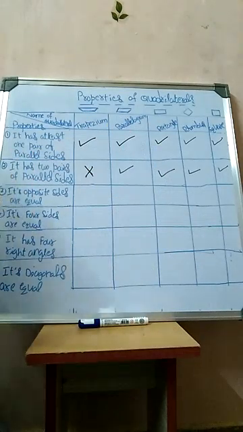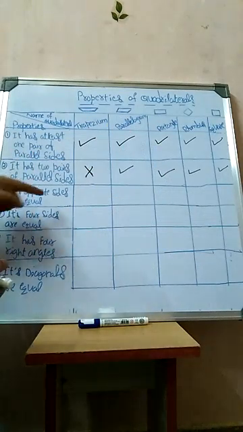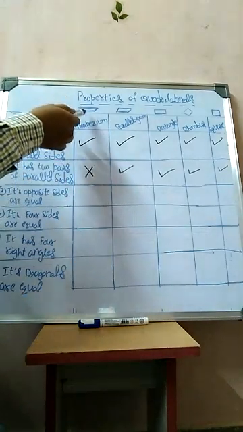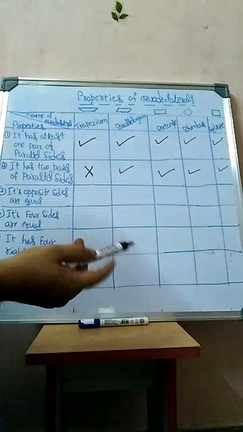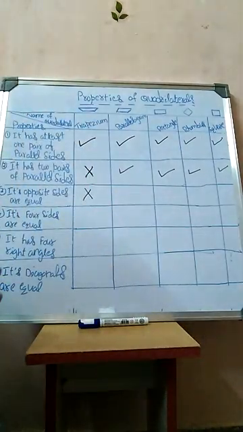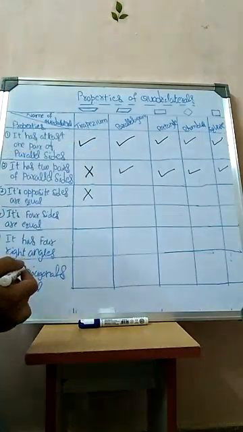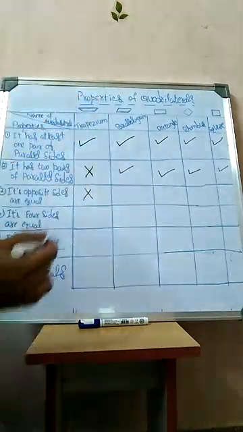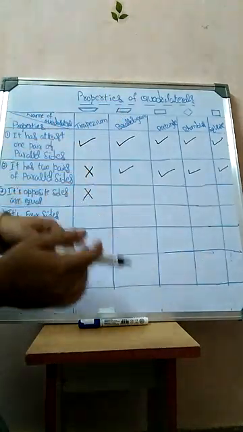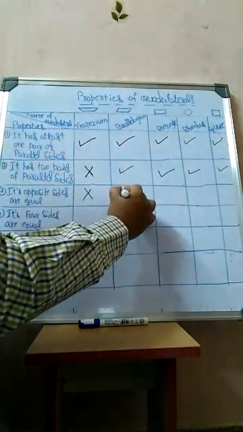And coming to the third one, its opposite sides are equal. See this figure, are opposite sides equal? No. Mark a cross. And next, in parallelogram, are its opposite sides equal? Yes, in parallelogram, opposite sides are not only parallel, they are equal also.